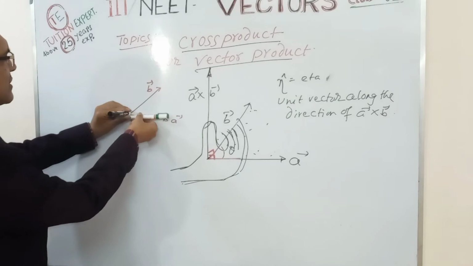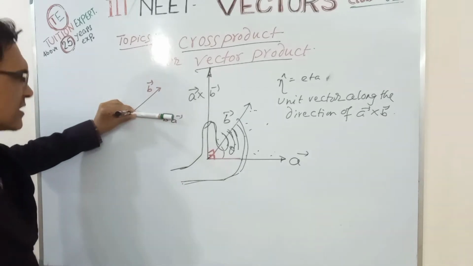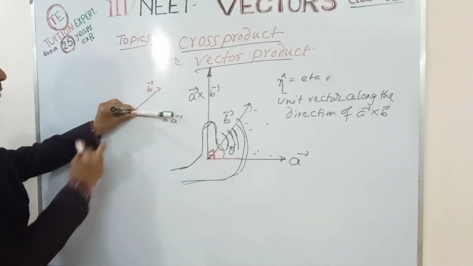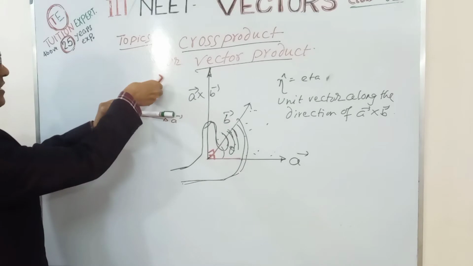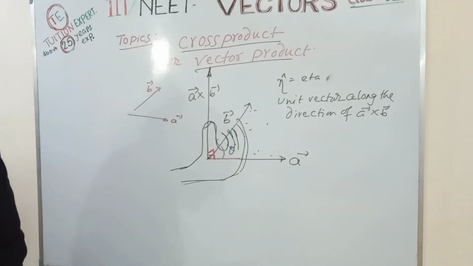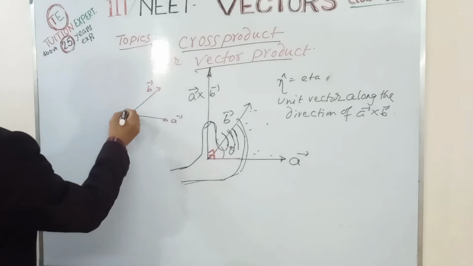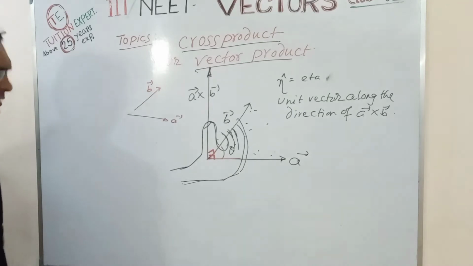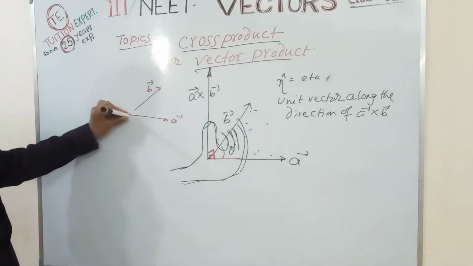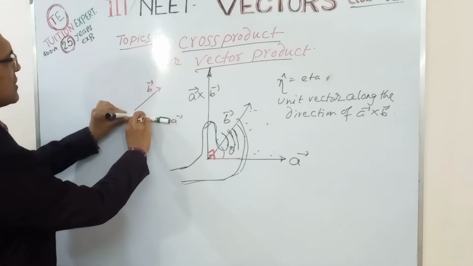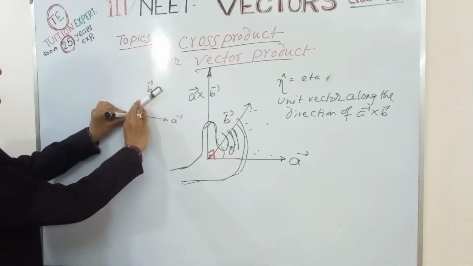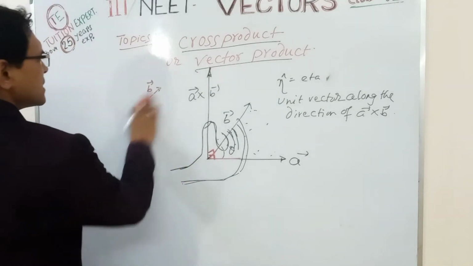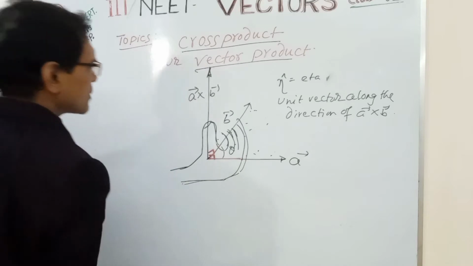So this vector is perpendicular to this vector and also this vector, because any normal vector of the plane is perpendicular to any line contained in the plane. So A cross B is perpendicular to A and also perpendicular to B.